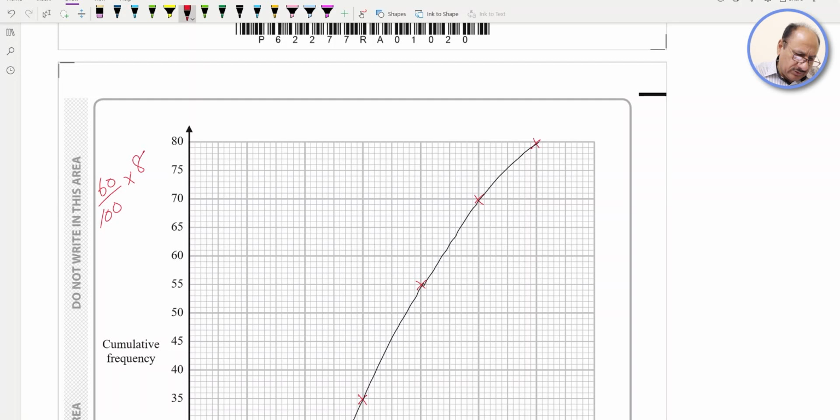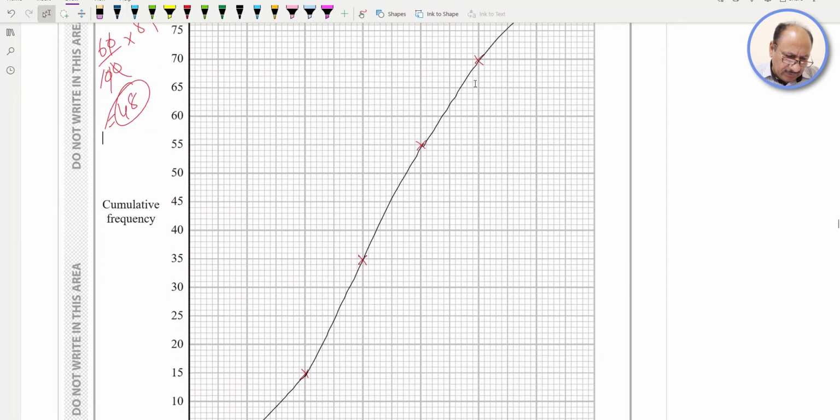So this 0 is cancelled with this 0, so 6 8s are 48. So we'll be checking for 48, and this is 45, this is 50. In between that, 46, 47, 48, this line will be 48, and we have to draw the reference for 48, and for that we can draw a line, and that line is over here.